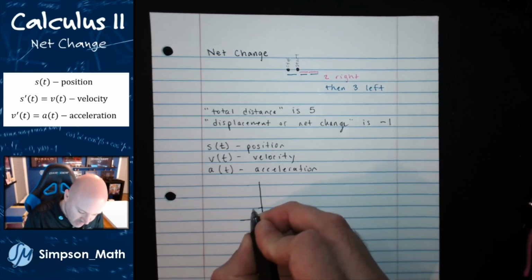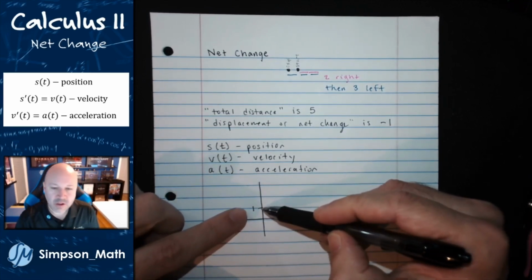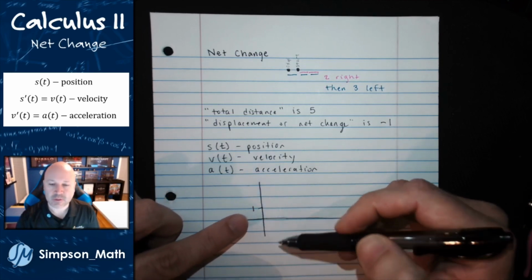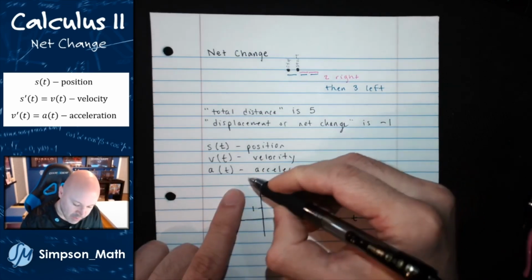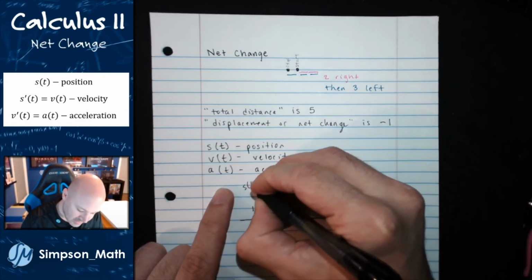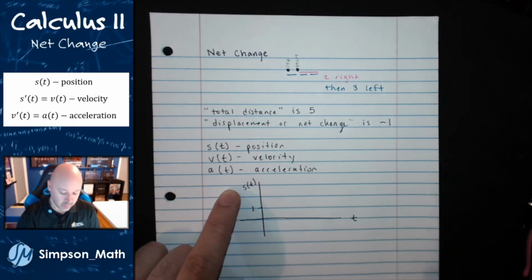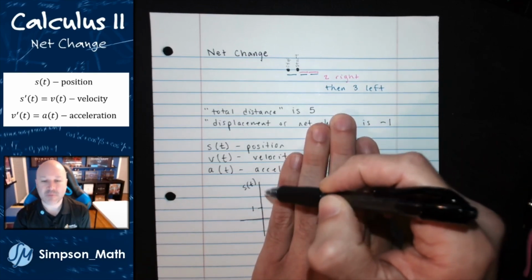So here I am starting at 1 meter and I throw the ball up and then it comes back down and hits the ground. So my input axis here is time, my output is s of t, or position, distance. I'm really just looking at the y-axis though. I throw it up and then it comes back down.